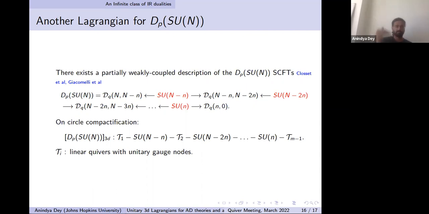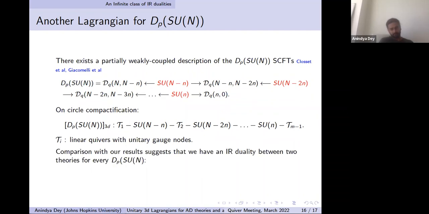I mean, they just come down without any change, while these isolated SCFTs become linear quivers with unitary gauge groups. Okay, and this line in the middle just becomes certain bifundamentals. Okay, so that's the basic structure of these Lagrangians that were suggested by Closset et al. and others.